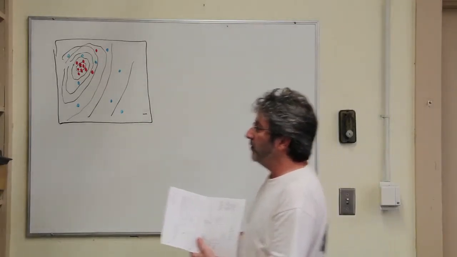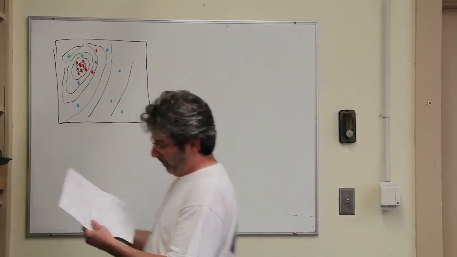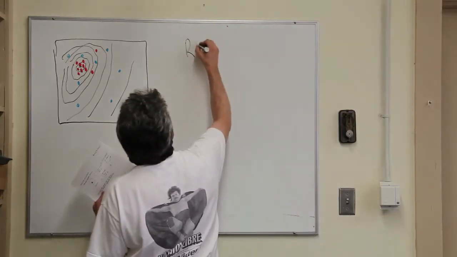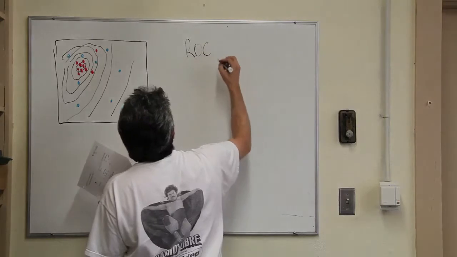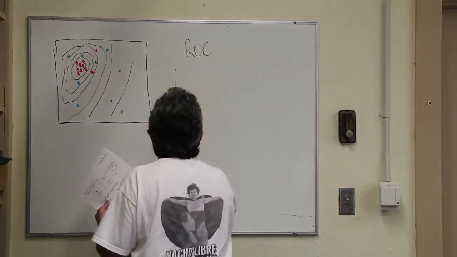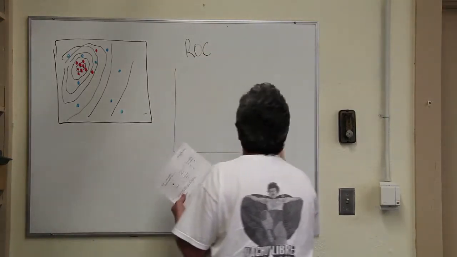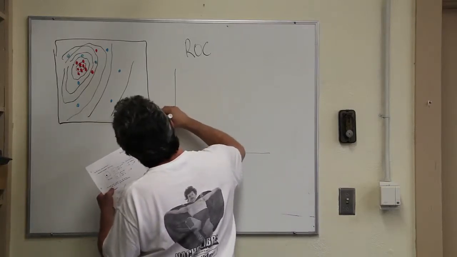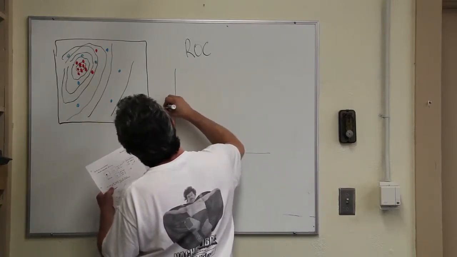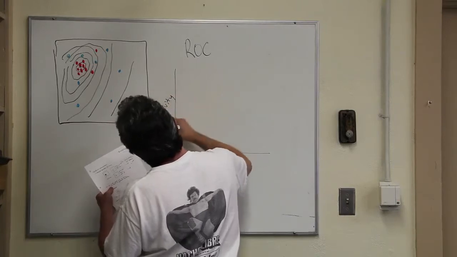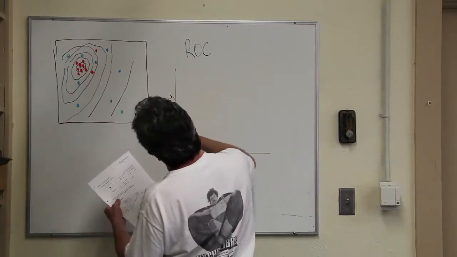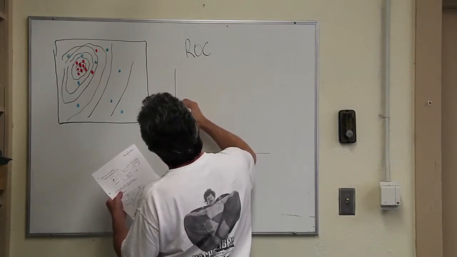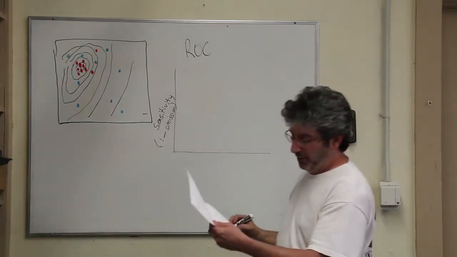So one thing that you'll see very commonly in the literature is what's called a receiver operator characteristic. It's a graph of what's called sensitivity, which, by the way, is 1 minus the omission rate that we just discussed.